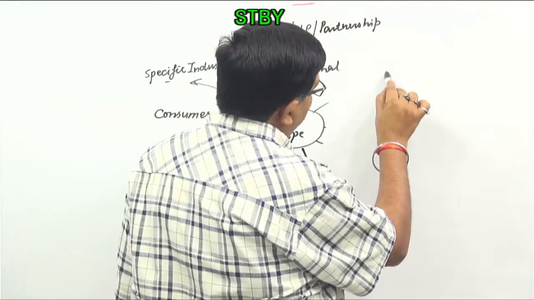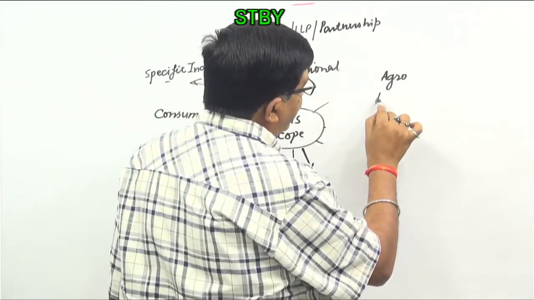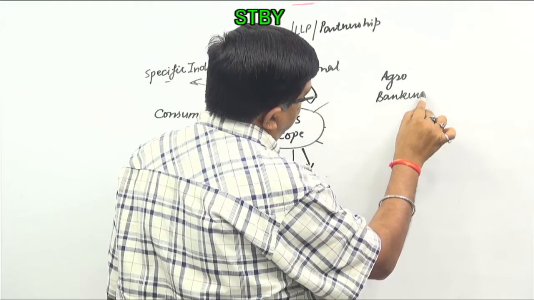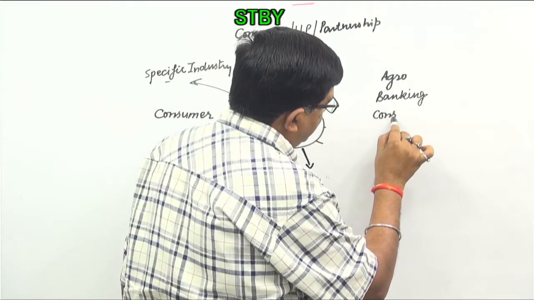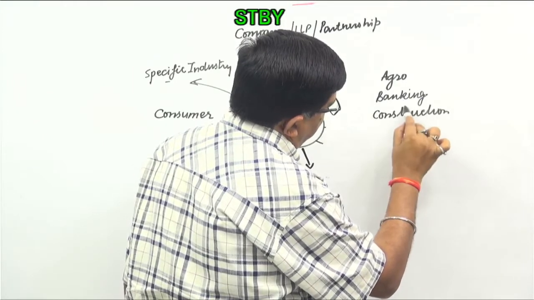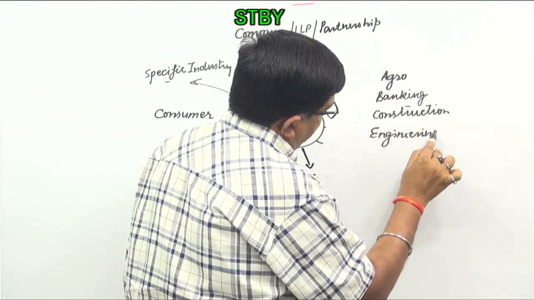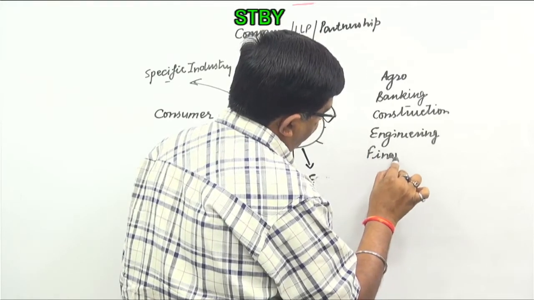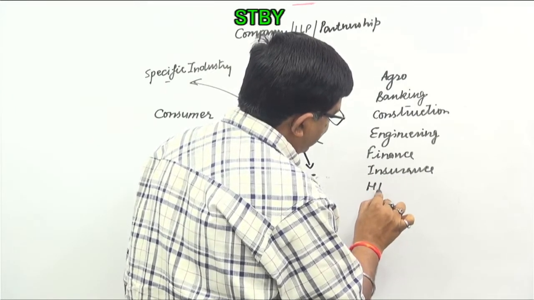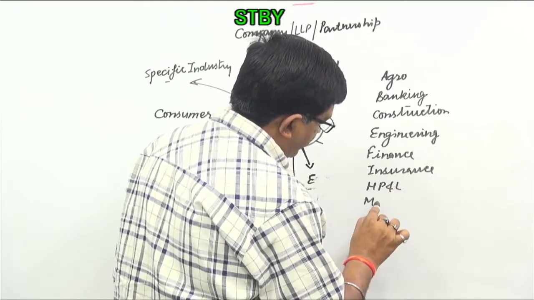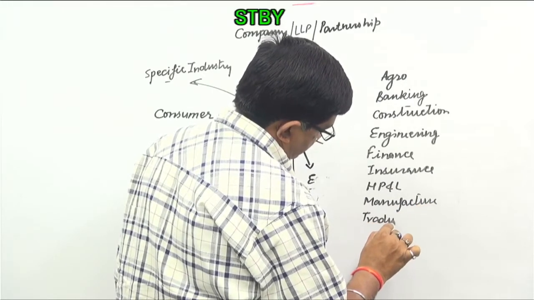Say for example, agro industry, banking industry, construction industry, engineering, finance, insurance, hire purchase and leasing, manufacture, trading, services.